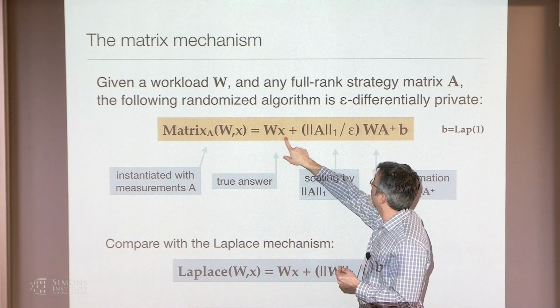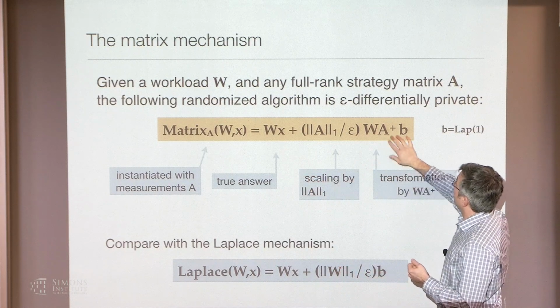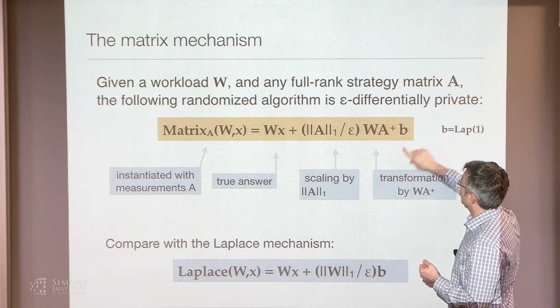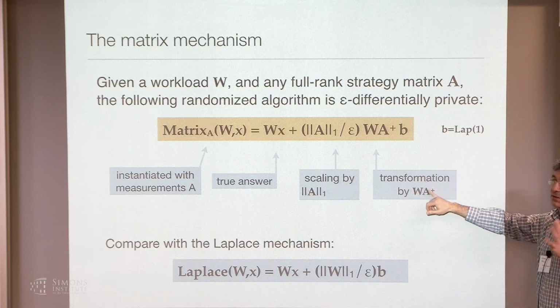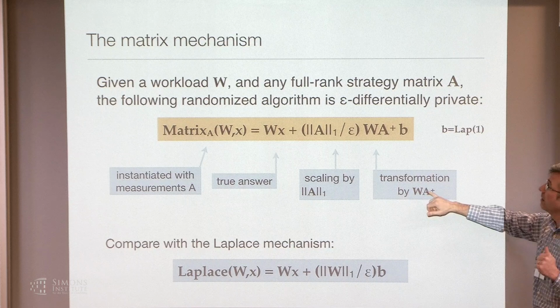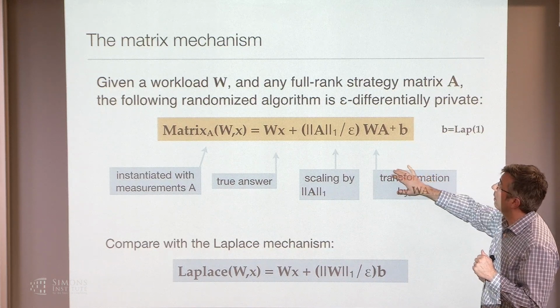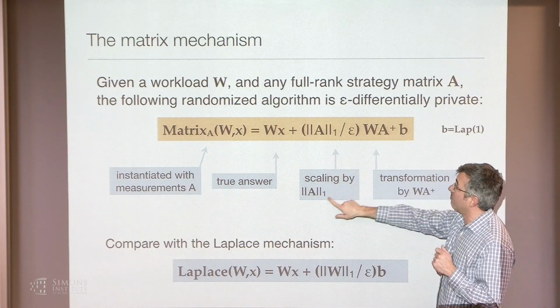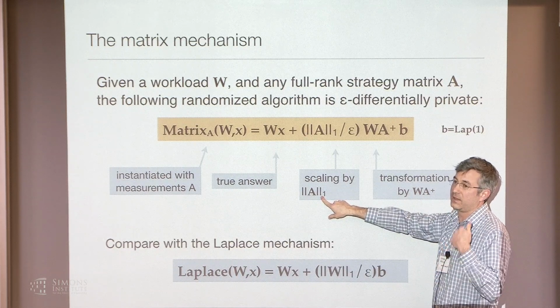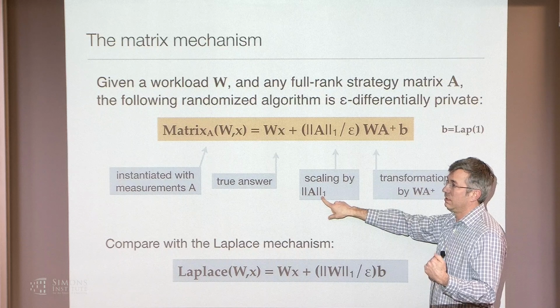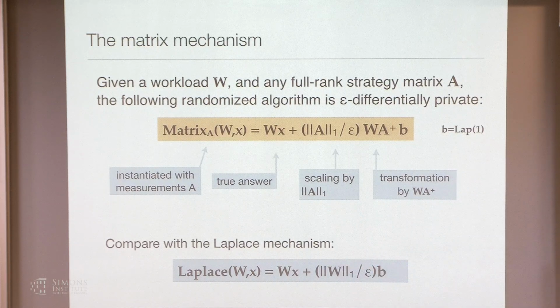These are the true answers to the workload queries. This is the noise transformed by this WA pseudo-inverse, and then scaled, but not by the sensitivity of the workload, by the sensitivity of the strategy matrix. So that's how we achieve some of the savings of reducing sensitivity of the strategy matrix.